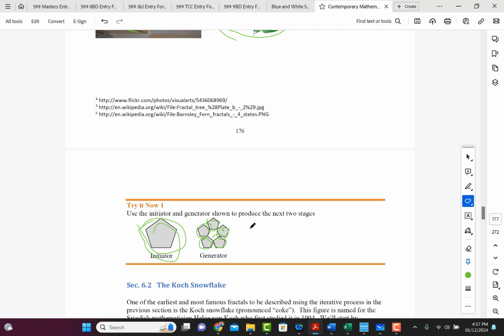And then we're going to do that again. So go ahead and do that. I'm not going to draw it because my artistic talent is not there. But go ahead and try this. The answers are at the end of the chapter, so you can check your work. Go ahead and do the next 2 iterations and see what you get. Just make sure you make it large enough, because they do get small very quickly.